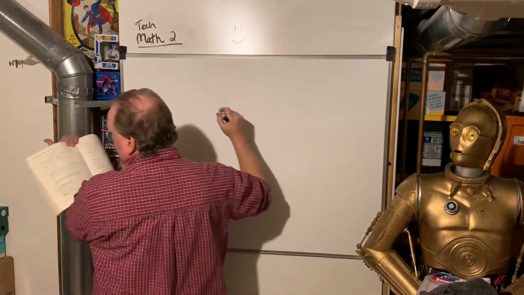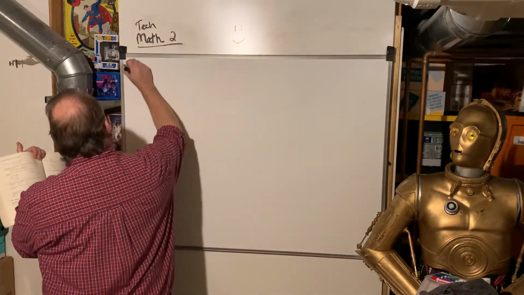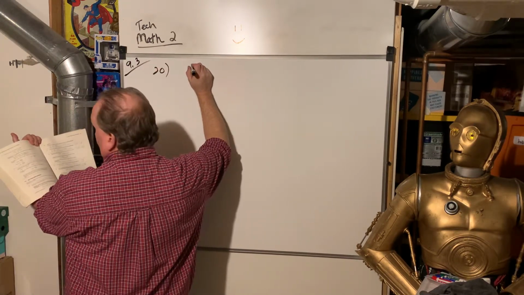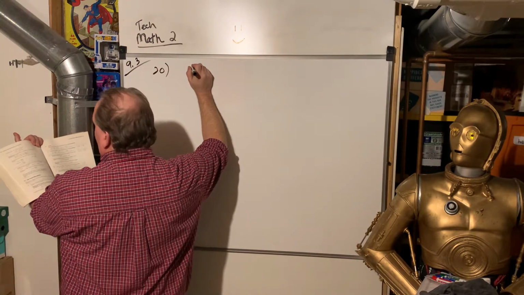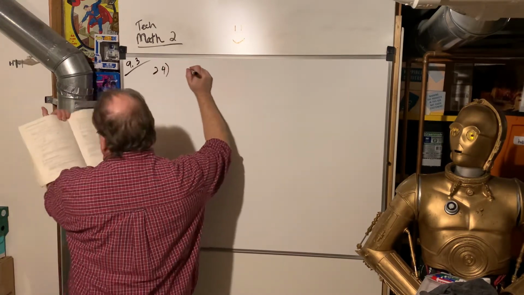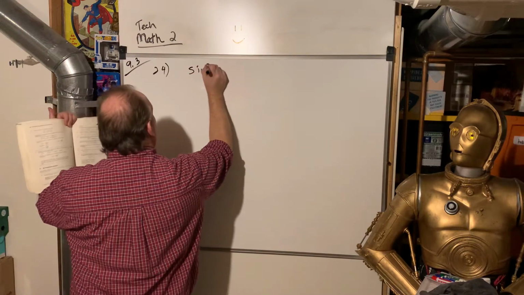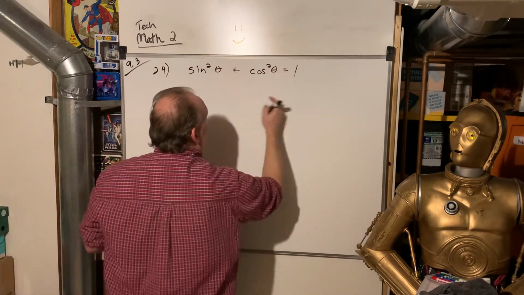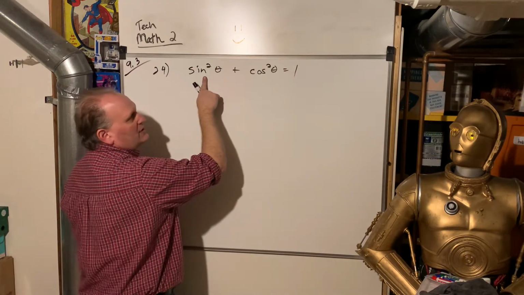So if you take a look at number 24 in 9.3, that shows sine squared theta plus cosine squared theta equals 1. Now, what does that mean? What kind of shorthand is that?